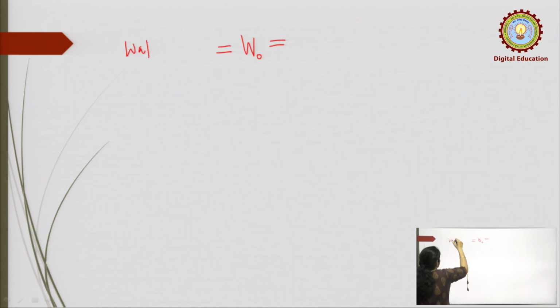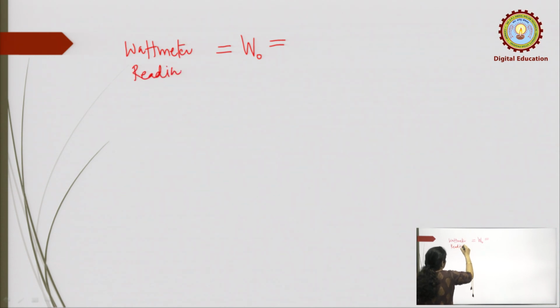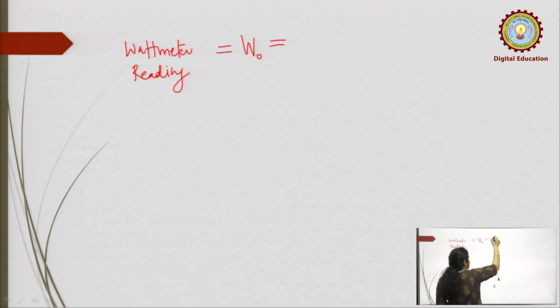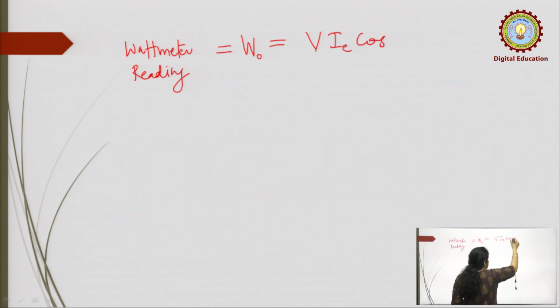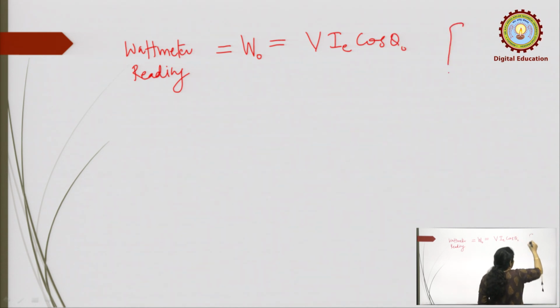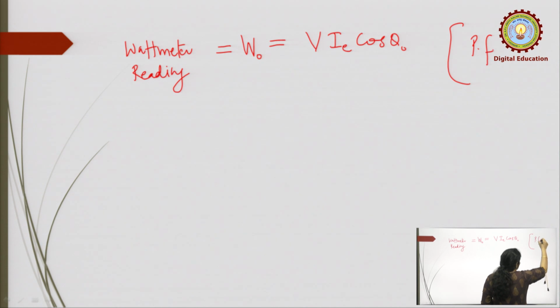Wattmeter reading. And this gives you V I cos theta 0, where cos theta 0 is the no load power factor.